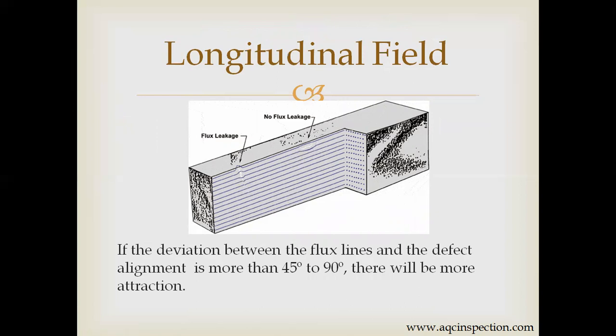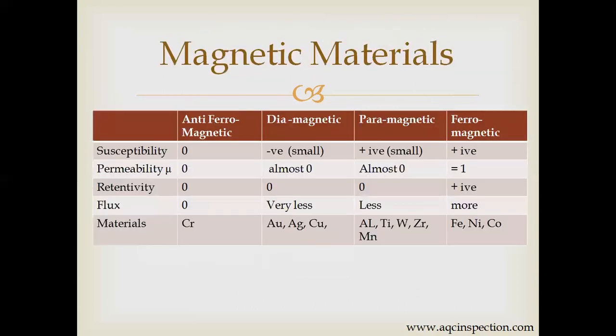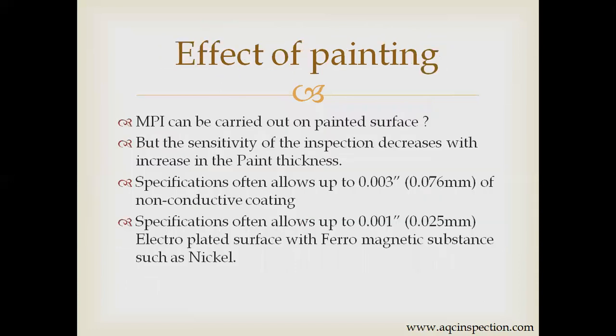So it is essential that we induce magnetic field in both directions. MPI can be carried out on ferromagnetic materials, but not on paramagnetic, diamagnetic, or antiferromagnetic substances.